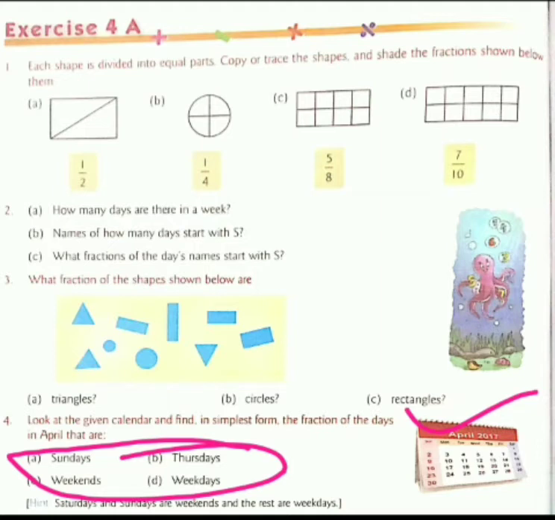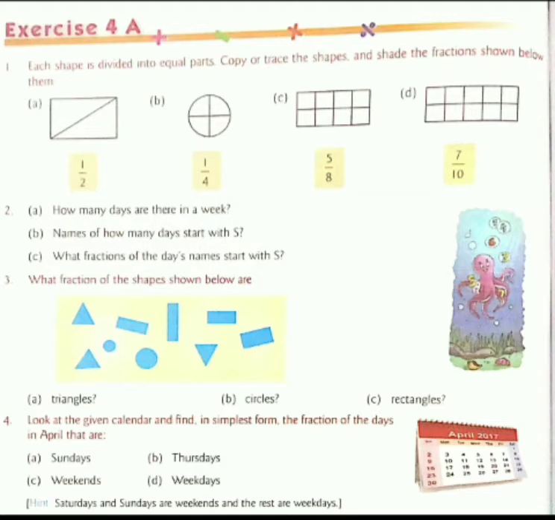Okay? So students, first, Sundays, how many Sundays are there? Just you can see it here. There are 5 Sundays. And Thursdays, here it is 4 Thursdays. And weekends and weekdays. Students, you see it here, one hint is given. Saturdays and Sundays are weekends and the rest are the weekdays. Saturday, Sunday are weekends.